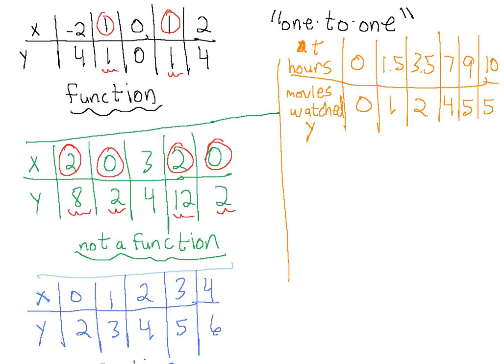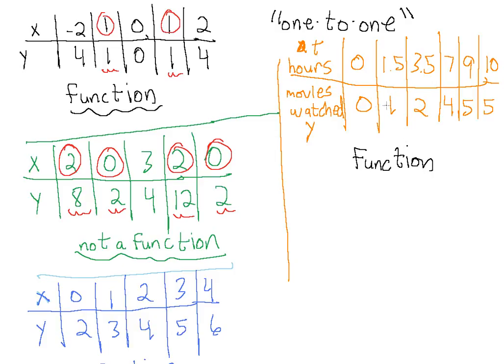Either one would work, it really doesn't matter. But as long as our t values here are used, we want to know if any of them are used more than once. And if so, they need to give us the same output for this to be a function. Here we don't have any number of hours or any values of t repeated, so we can go ahead and say that this is indeed a function.